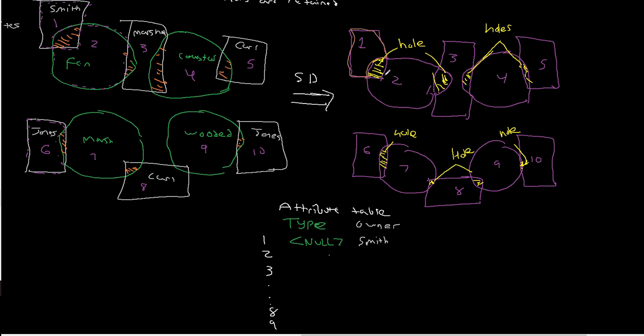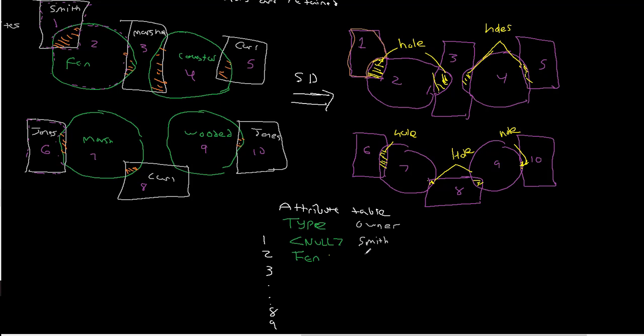2 corresponds to the original Fenn wetland polygon minus the parts that have been overlapped. Okay? So it's going to be pulling its type from fen here. But for owner, if we look here, there is no owner.